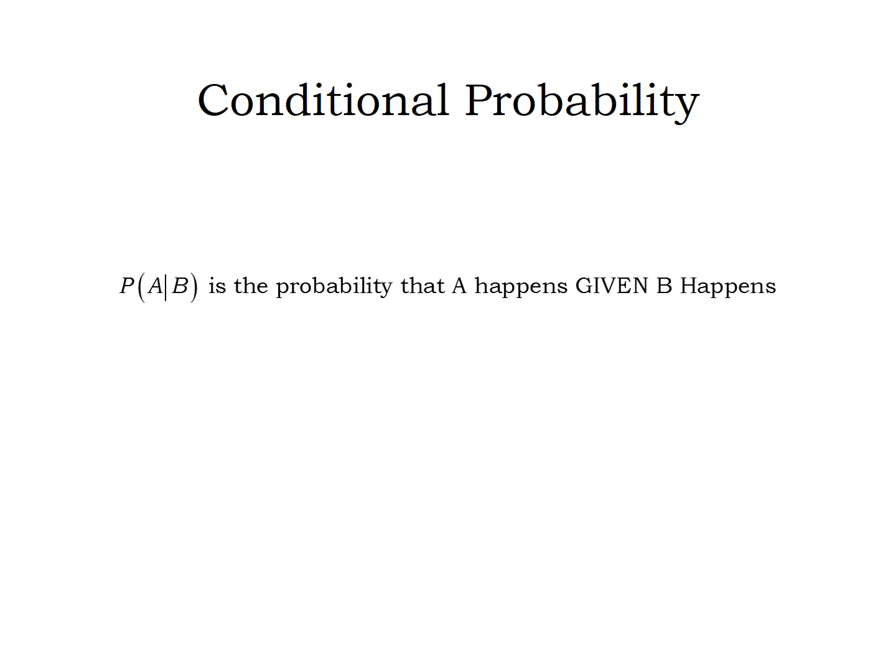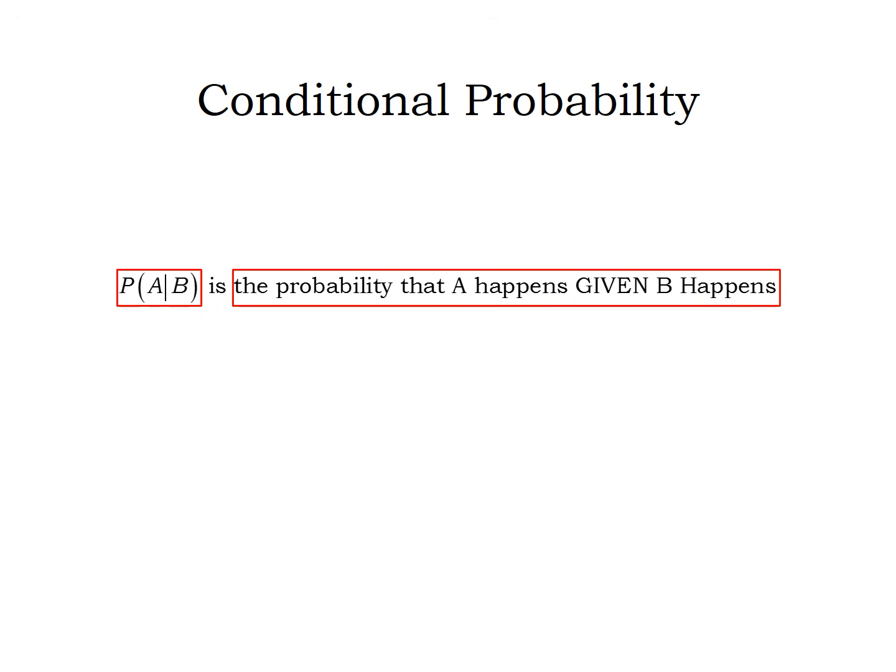Now I want to talk about what is known as conditional probability. We need some terminology and notation here. Over here on the left-hand side, you see P, parentheses, and inside the parentheses, A and then a vertical line B. That is literally read as the probability that A happens given or knowing that B happens.